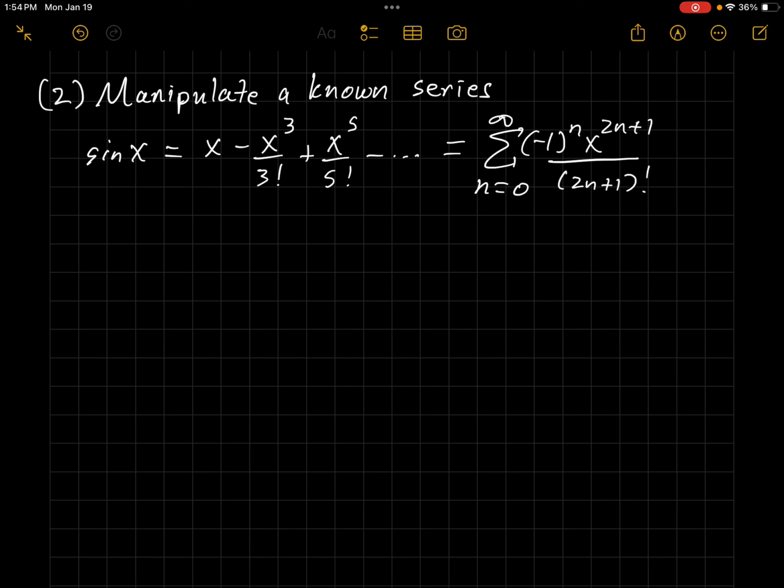So what if I asked you to find the Taylor series for the sine of 2x? Well, I could take a lot of derivatives, or I could see that to get from here to here, I can substitute in 2x for every x.